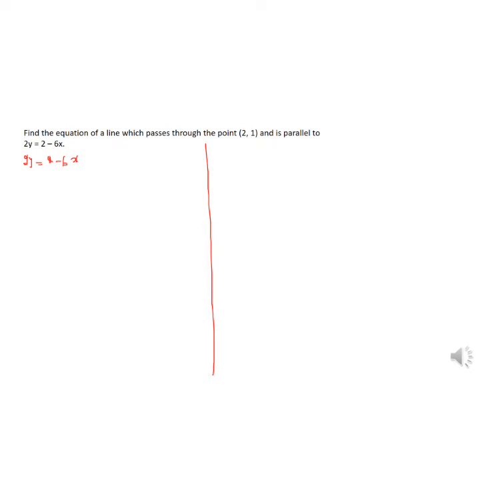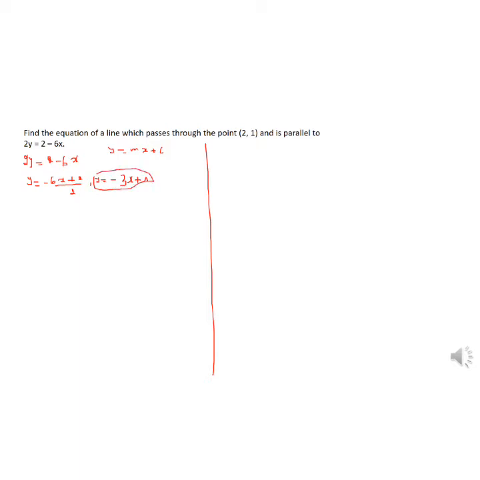Remember, an equation of a line is written as y is equal to mx plus c. So now changing the equation of the line, we get y is equal to minus 6x plus 2 divided by 2. So now y is equal to minus 3x plus 1. This is the equation of the line.